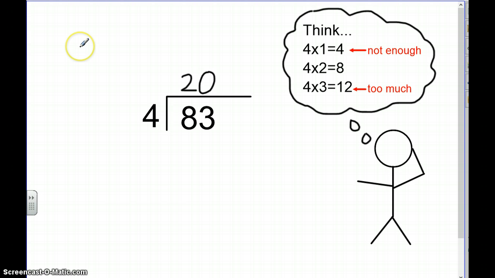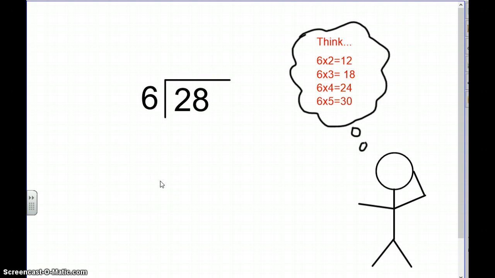Or if you were checking your answer, you would think to yourself, oh, well, I know that 4 times 20 is 80. So this is really close, right? This is a good estimate because 80 is very close to 83. So I've estimated correctly. 83 divided by 4 is about 20.